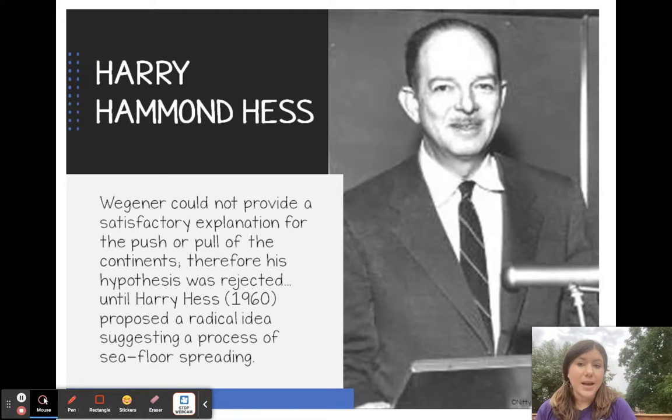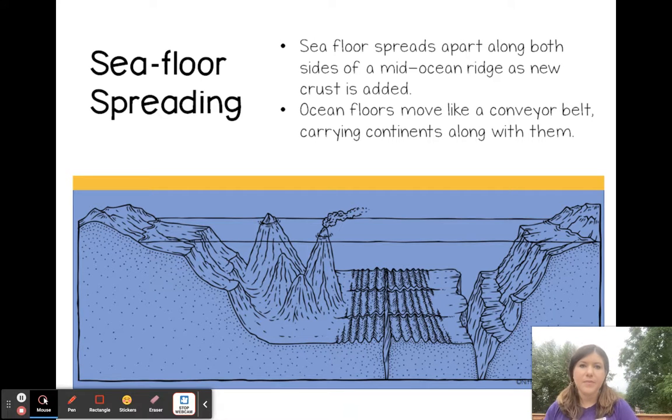So then Harry Hess came in and kind of edited Wegener's theories a little bit, since Wegener couldn't explain why the continents were moving, really, other than floating on the oceans. Hess was the one that came up with the idea for seafloor spreading. He explained what seafloor spreading was, and it shows us the mechanism behind the plate movement. Seafloor spreading happens when two plates are moving away from each other.